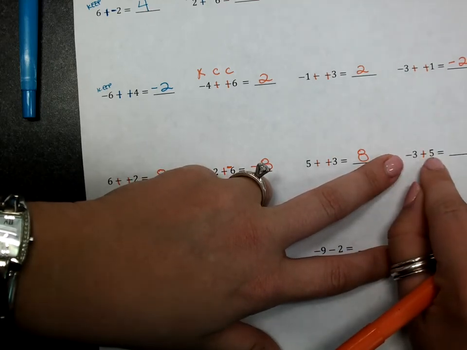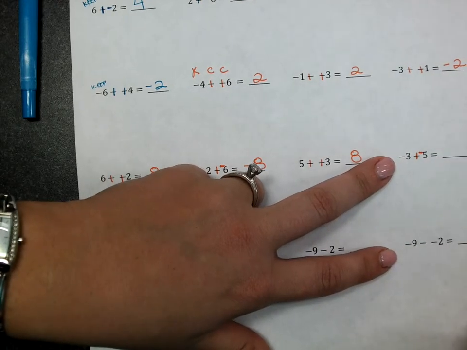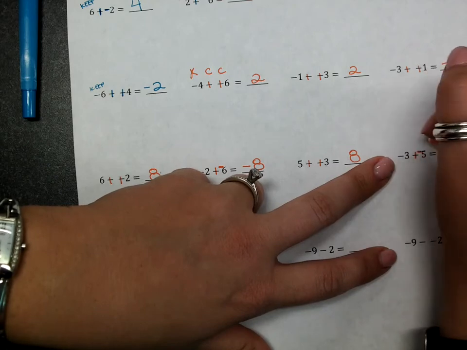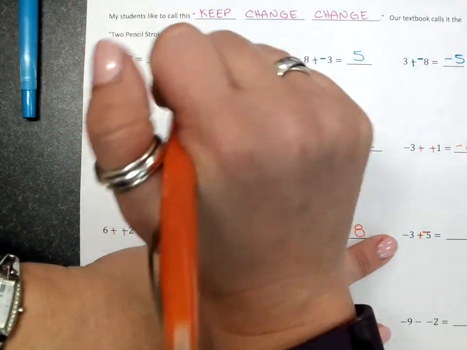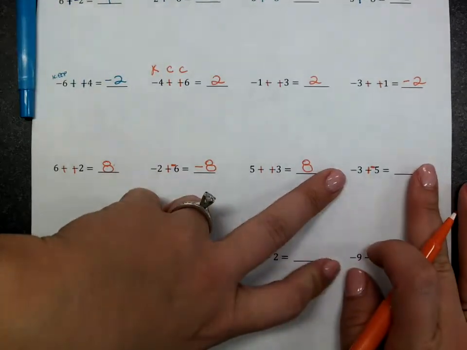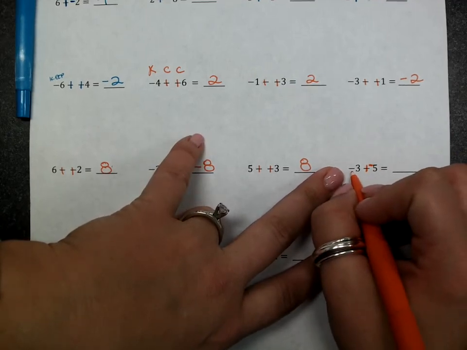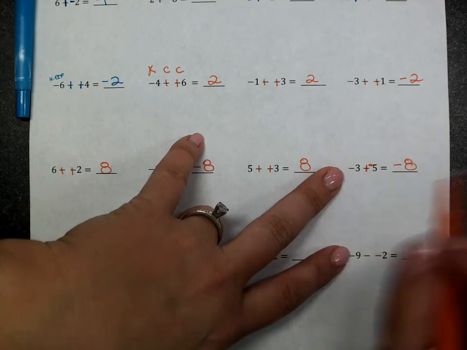The 5 does not have a symbol, so we're going to make a symbol of negative. So you're always using your pencil or pen twice. That's why the book calls it the 2 pencil stroke method, because you're making 2 marks every time. So it's keep, change, change. This becomes -3 plus -5, which is -8.